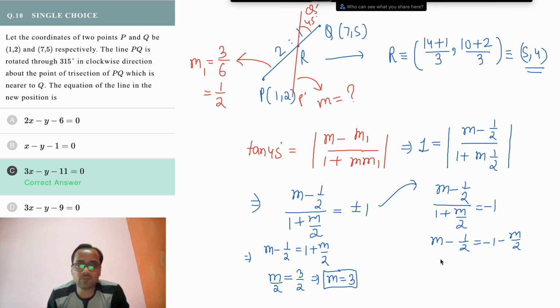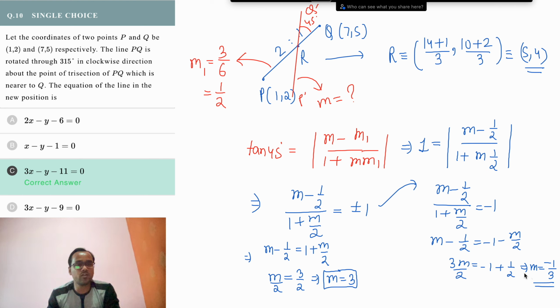So m plus m by 2, 3m by 2, is equal to minus of 1 plus half, that is minus 3 by 2... so m is coming out to be minus 1 by 3. That's negative. That will not be taken. Why will it not be taken?